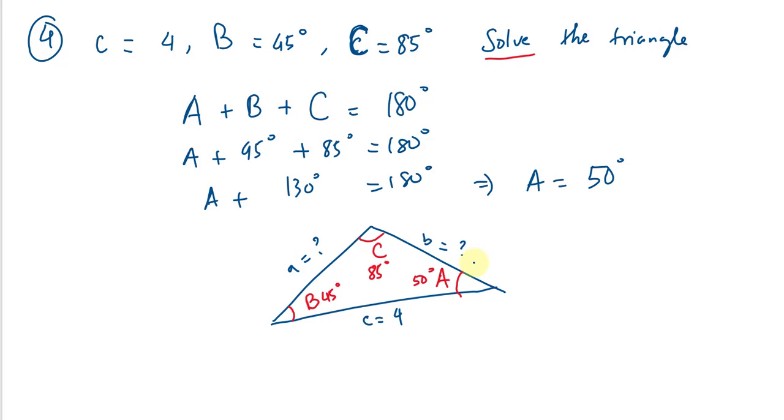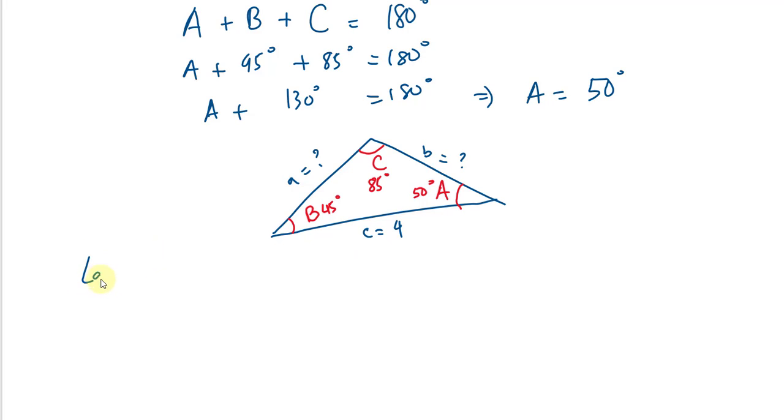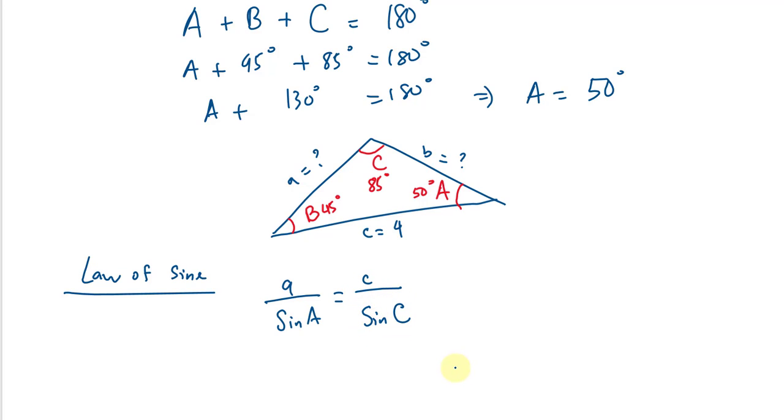And how do I do that? Well, for this type of problem, we can use something called the law of sines. That means we have a over sine of the angle A. We know all the angles, so that's good. So a over sine of A equals c over sine of C, the angle and the side that is opposite to the angle.